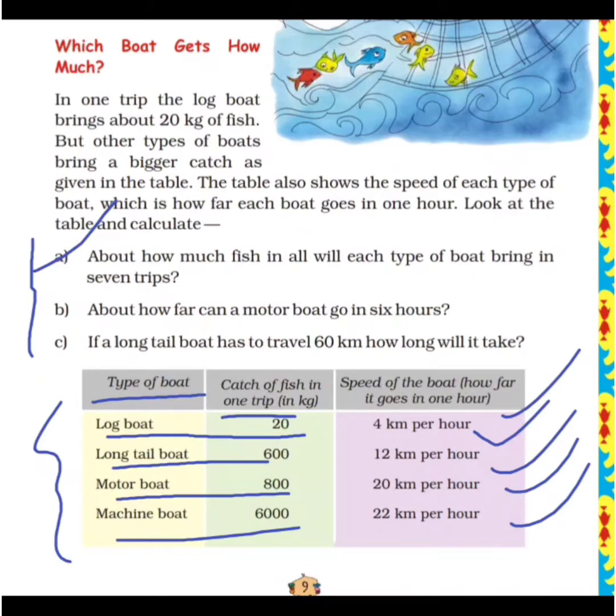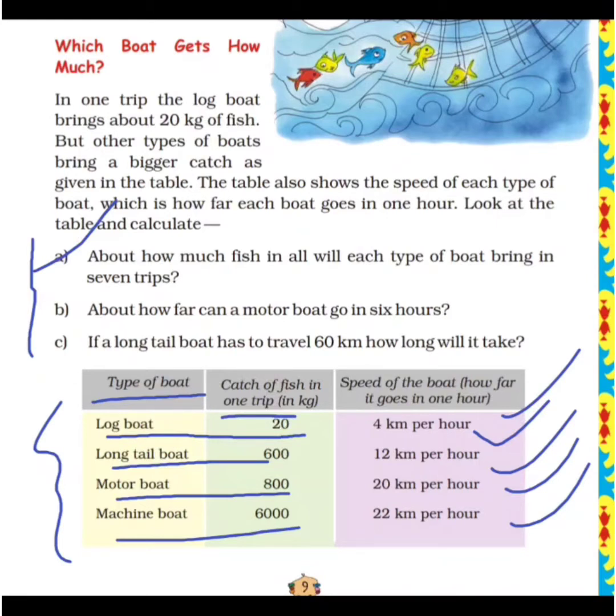Yes, we will use the unitary method for solving this question. We have the value of 1 trip and we are finding the value for 7 trips. In 1 trip, log boat catches 20 kg fish. So in 7 trips, 20 multiplied by 7. Next, long tail boat in 1 trip 600 kg.